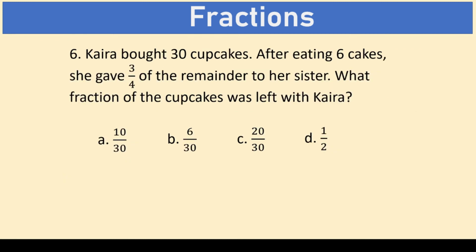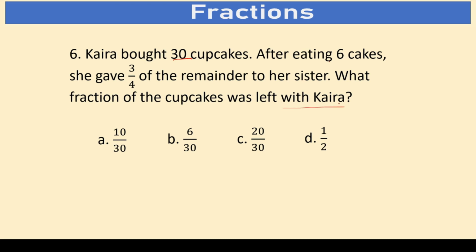Next question. Kyra bought 30 cupcakes. After eating 6 cupcakes, she gave 3/4 of the remainder to her sister. What fraction of the cupcakes was left with Kyra? So to find what is left with Kyra, we need to find the remainder. Kyra bought 30, out of which she ate 6.